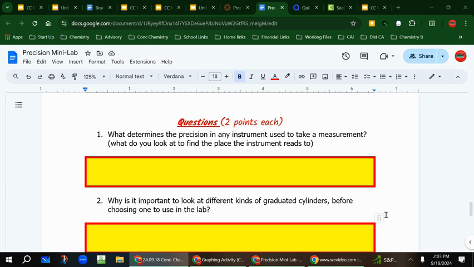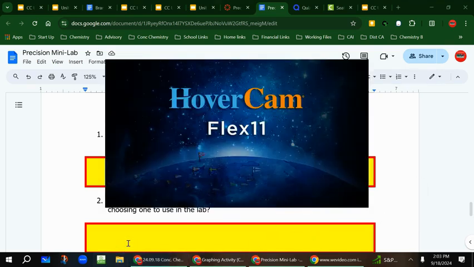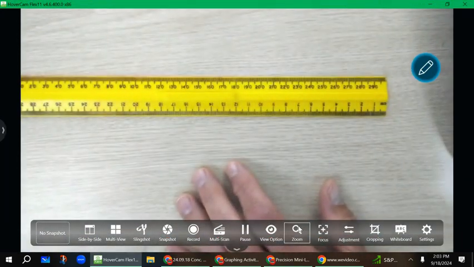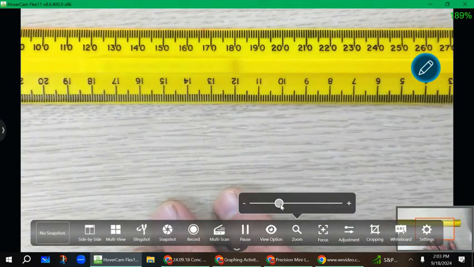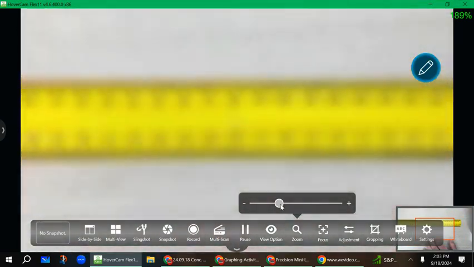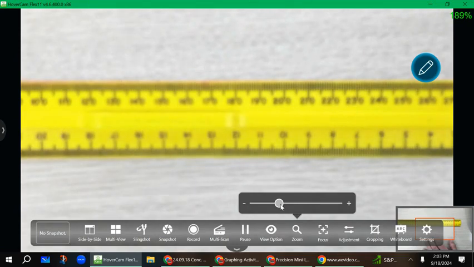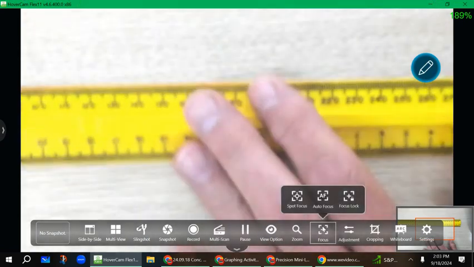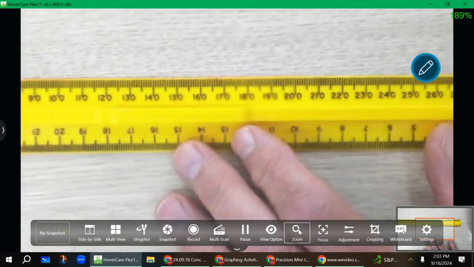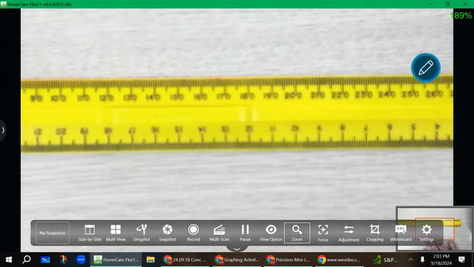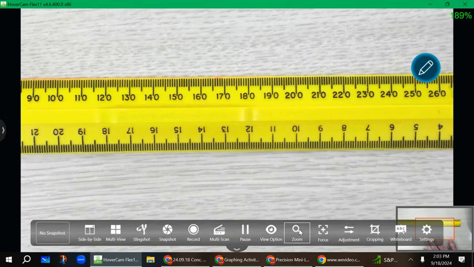Here's an instrument. On the top here, 110 or 120, 130, 140, 150.